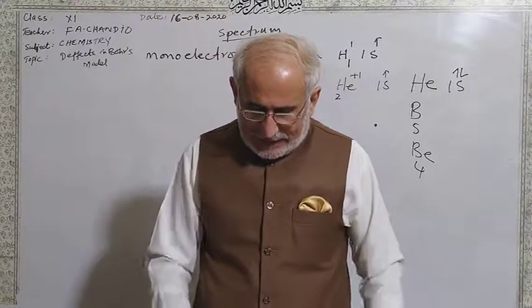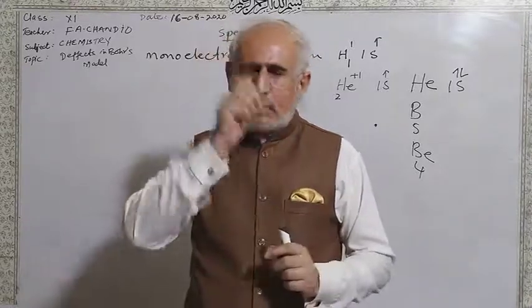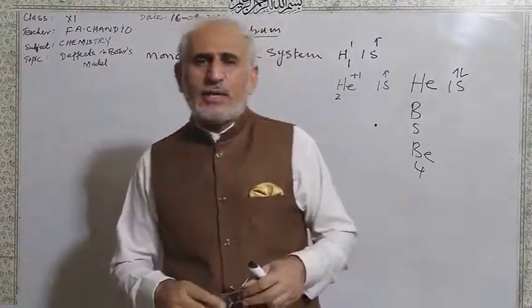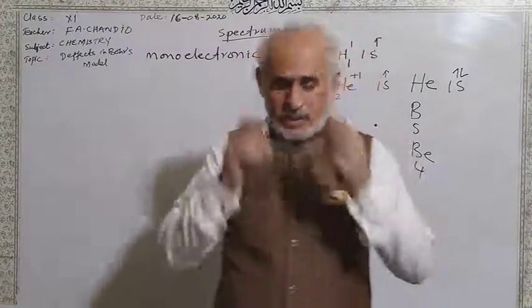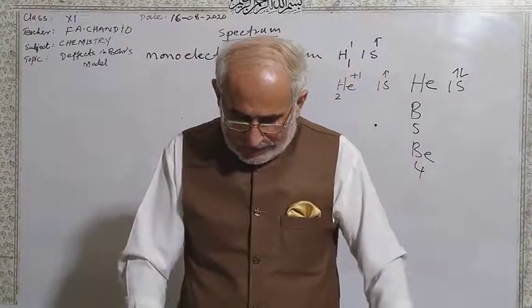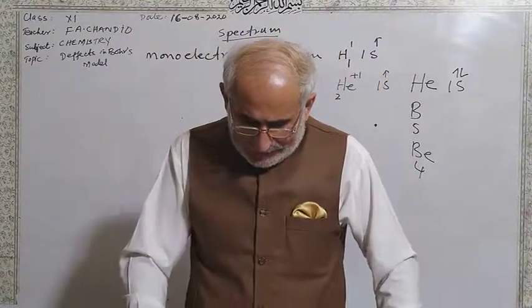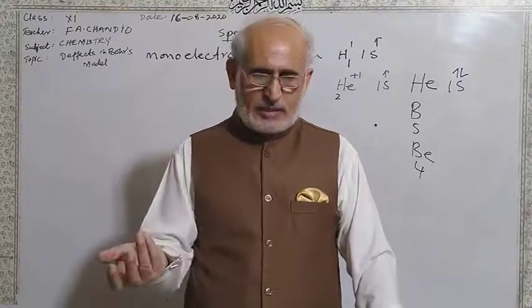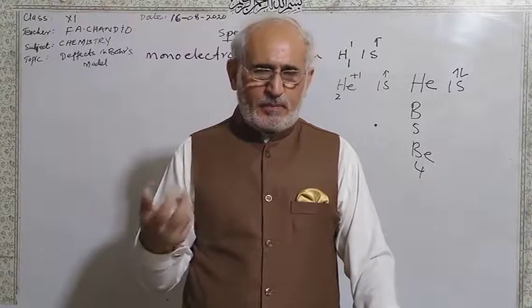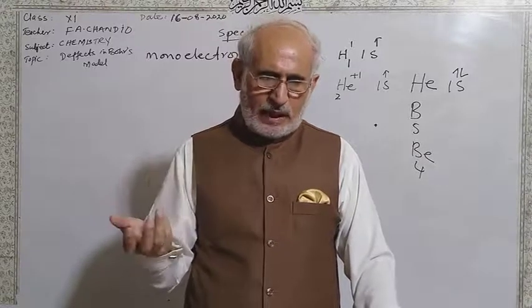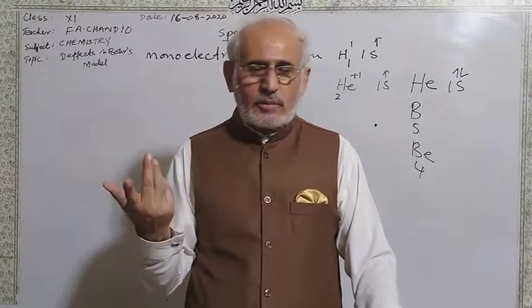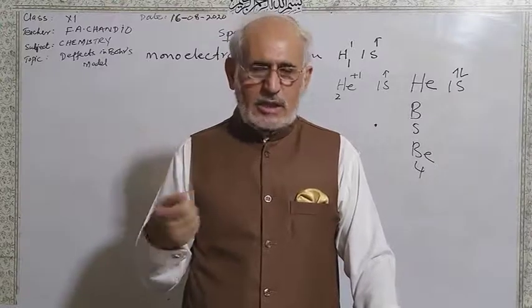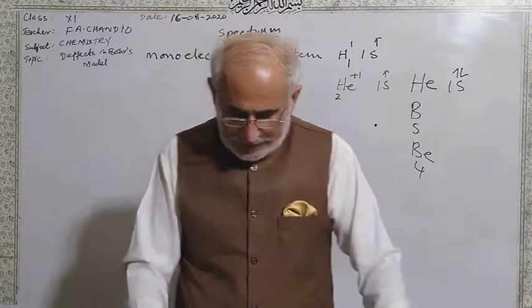Bohr suggested circular orbits. When you distribute the K shell, L shell, they are circular orbits. But according to others, they have different shapes, just like p shape, d shape, f shape. They are not circular: dumbbell, sausage, complicated.